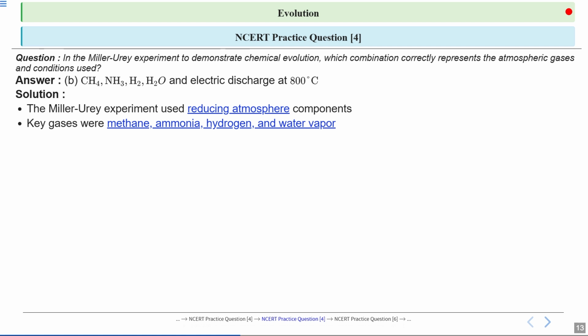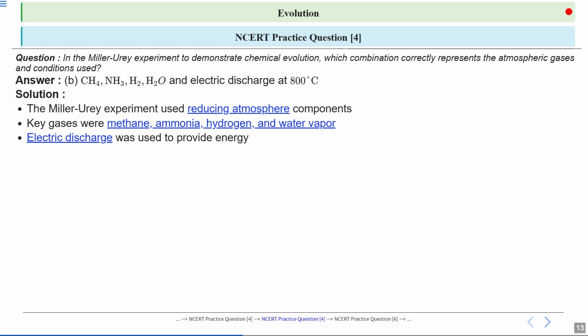Clear? Now electric discharge was used to provide energy. So electrodes were used to generate an electric discharge. This electric discharge provided energy for these gases to combine in various ratios. Temperature was very high, around 800 degrees Celsius. There was a reducing atmosphere. There was no free oxygen.